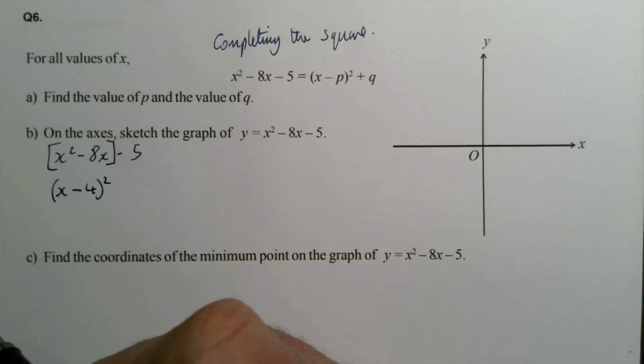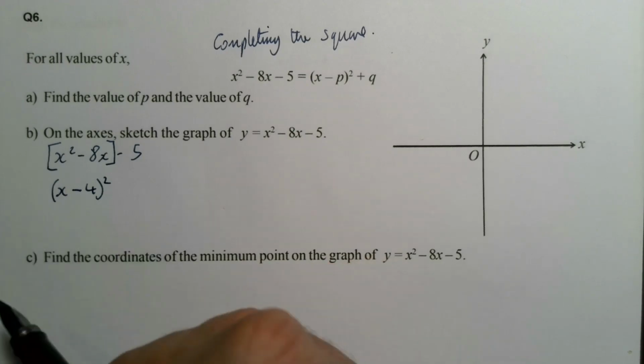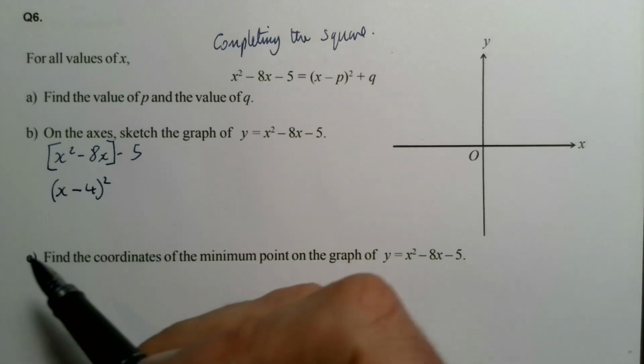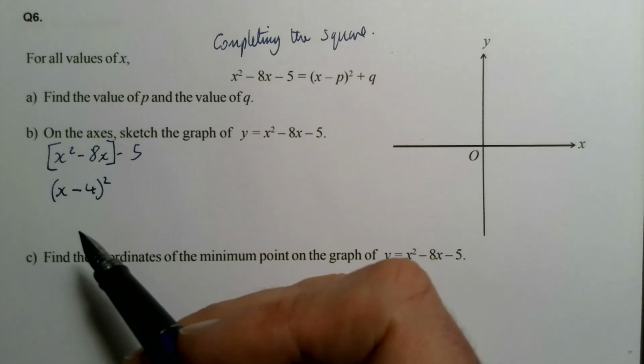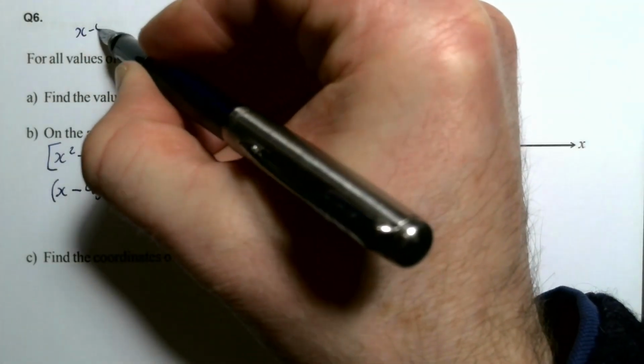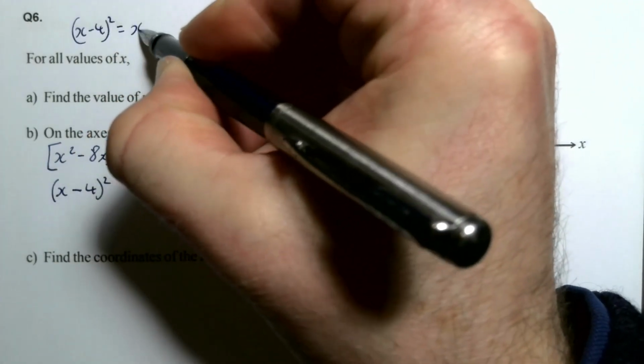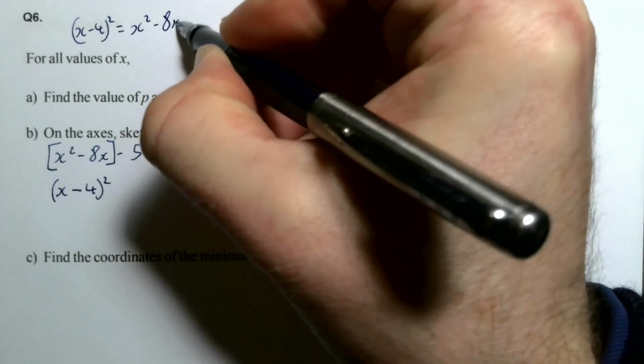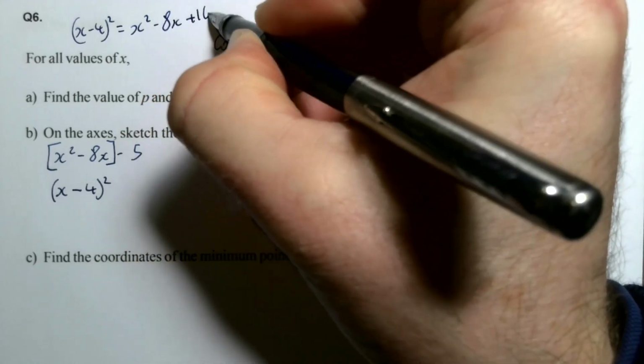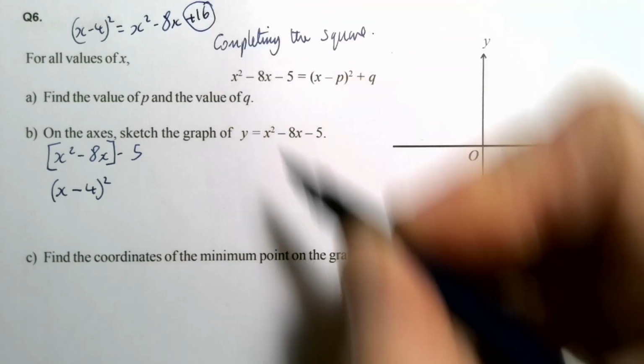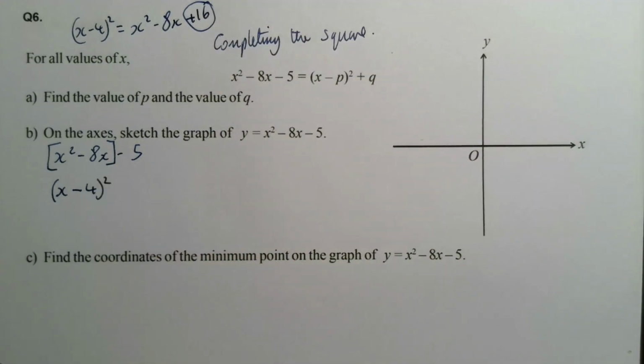But I would also get negative 4 times negative 4 is 4 squared, which is 16. So x minus 4 squared would give me that, and that's going to be 16 more than what I want in that bracket.